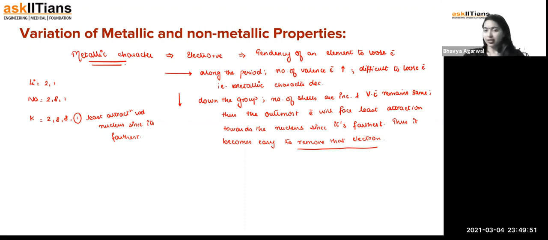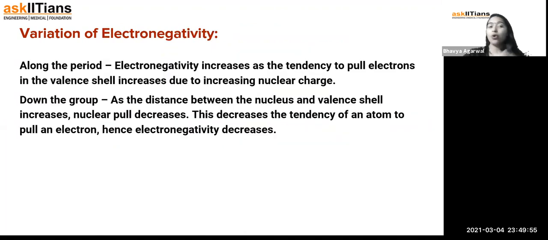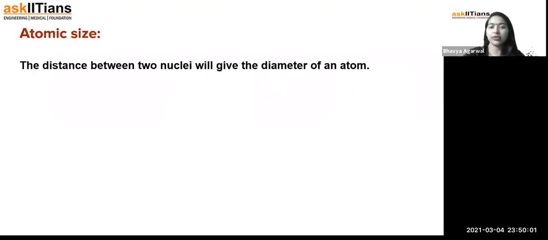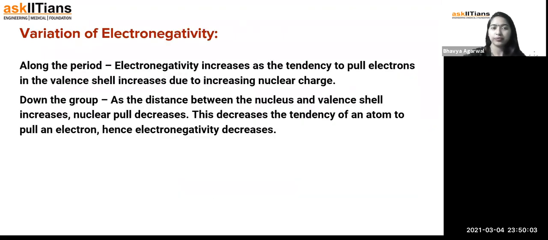So that's the next thing. Now let's move to the next part, which is the variation of the electronegativity. In the metallic character, we just talked about how metals are electropositive, which means non-metals are electronegative in nature.